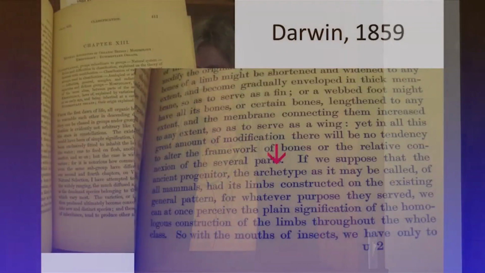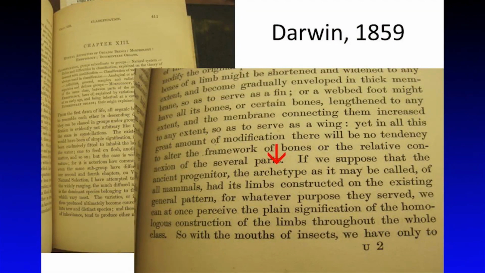Instead, Darwin uses Owen's general homology, which is the one that does rely on the archetype. Looking at the role homology plays in Darwin's theory reveals why. Darwin does not shy away from actually using the term archetype as well, as my little arrow shows. So, just in case you missed it.